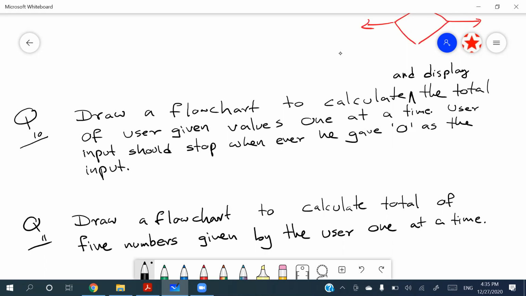So you stop doing the addition and you display, okay, 90 is the total of the values that you have given so far, right? That kind of a program it's going to be. So until the user inputs 0, you add up the numbers the user gives. Okay, give it a try.